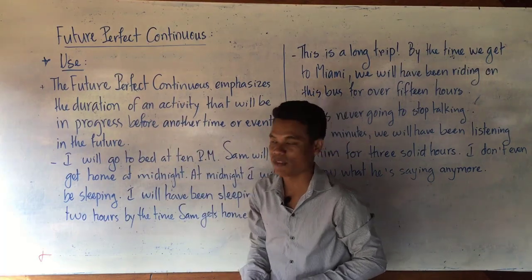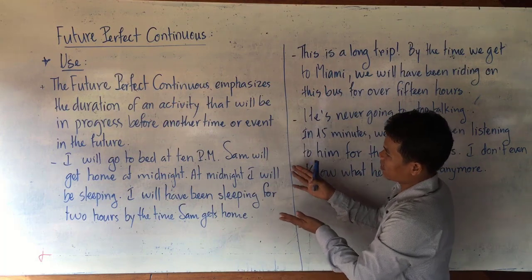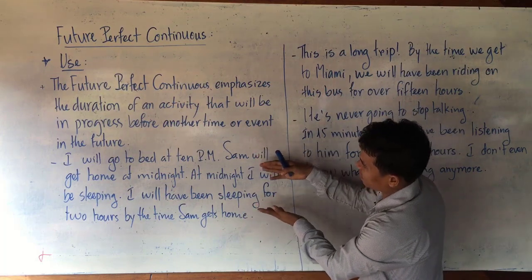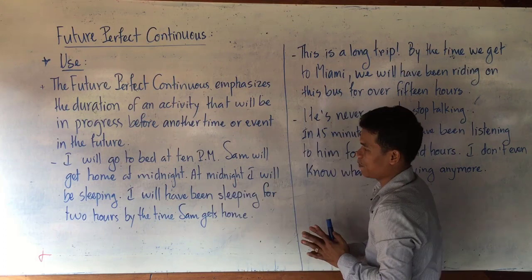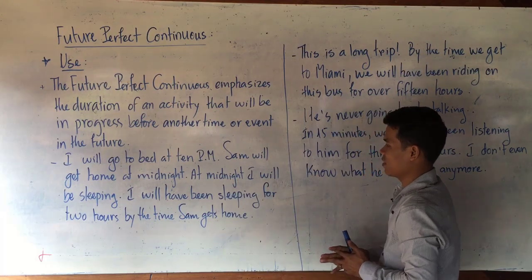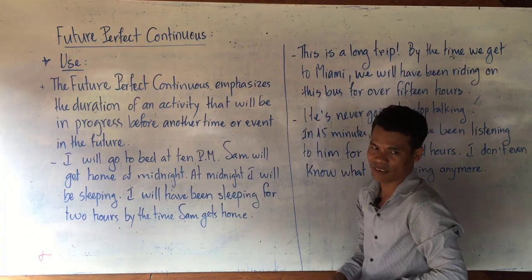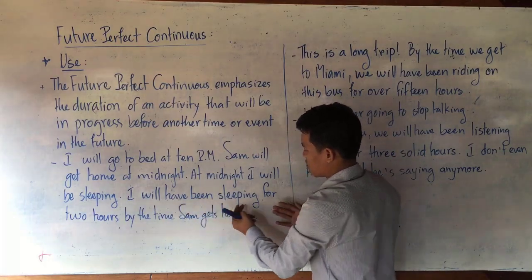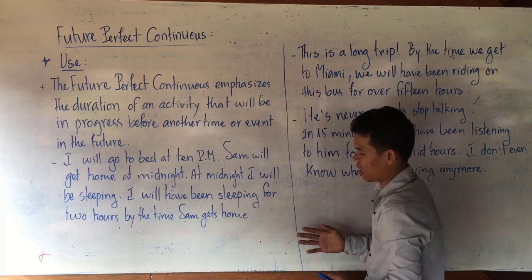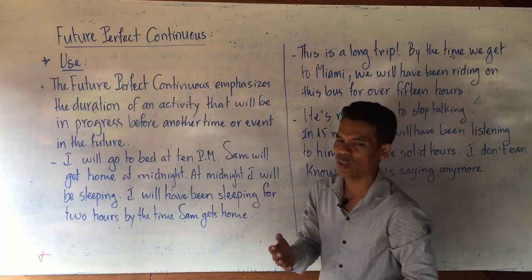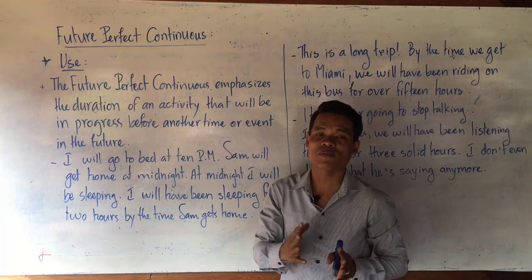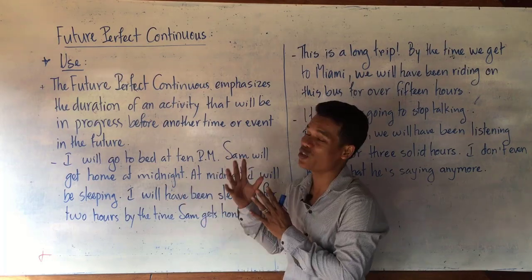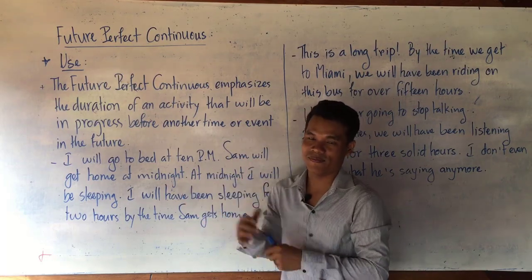It has not stopped yet. In these 3 examples, we have a sentence as a reference in order to get a future perfect continuous. It's easy to understand when we have some reference. If you only get "I will have been sleeping for 2 hours by the time Sam gets home," sometimes you don't know the situation, so it's hard to get the future perfect continuous.